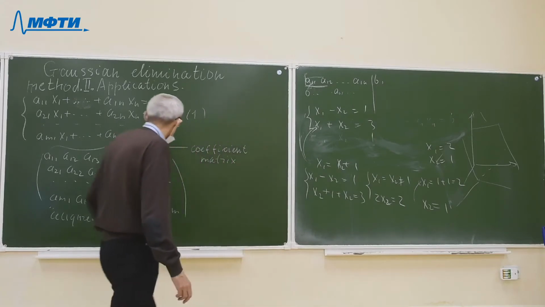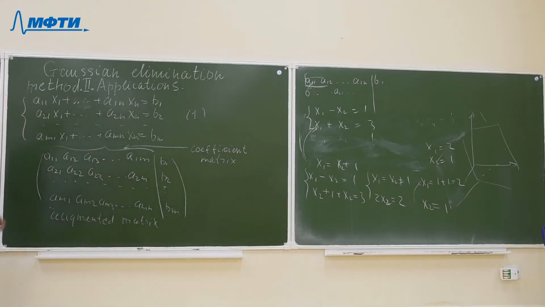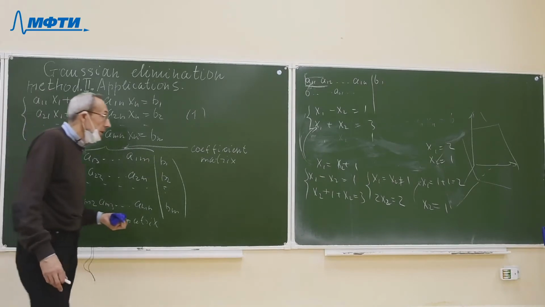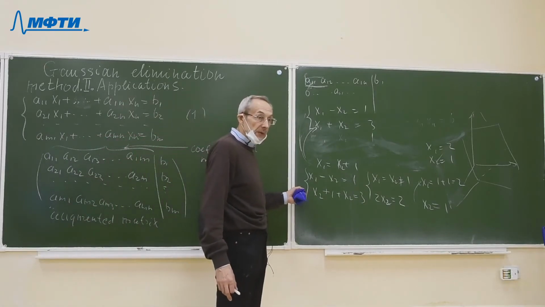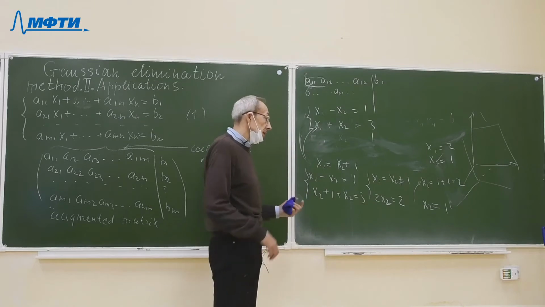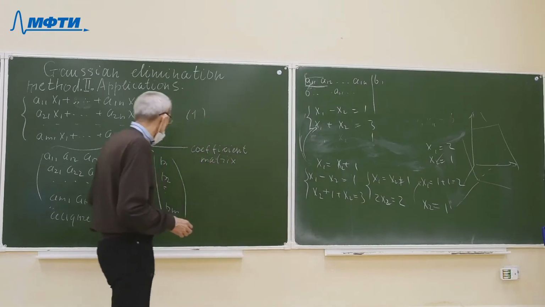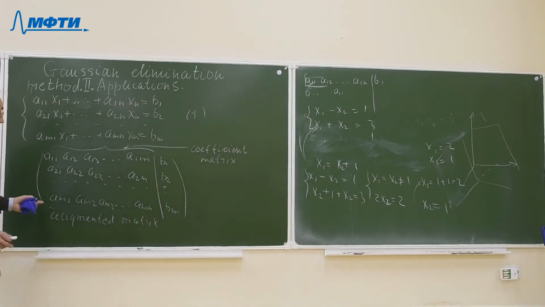In the case of such a simple linear system, it's easy to solve. In the general case, if we have many unknowns and many linear equations, we can use the same approach: subsequently express, for example, the first unknown in terms of the others and substitute into another equation.